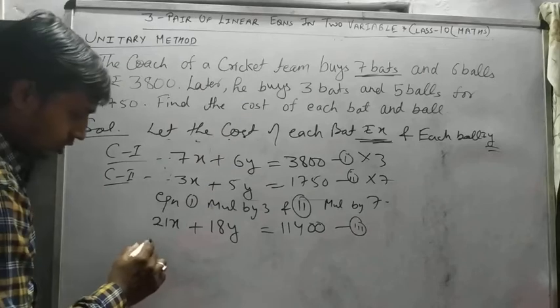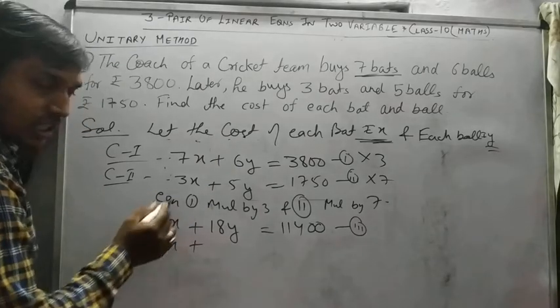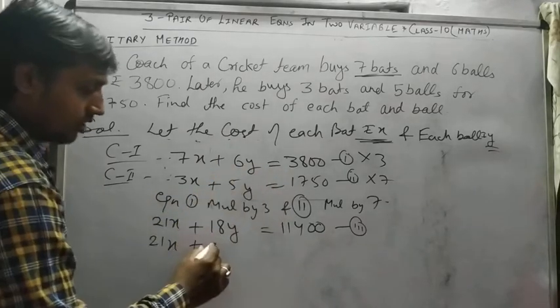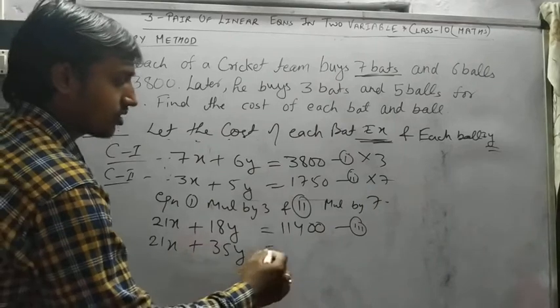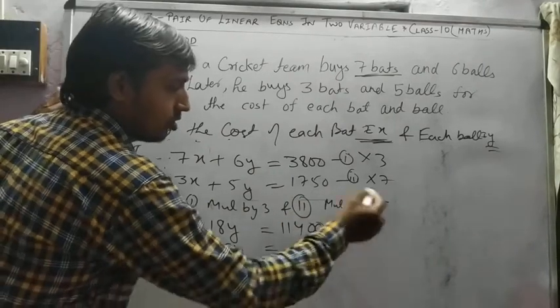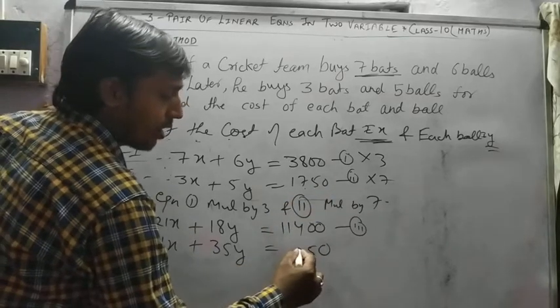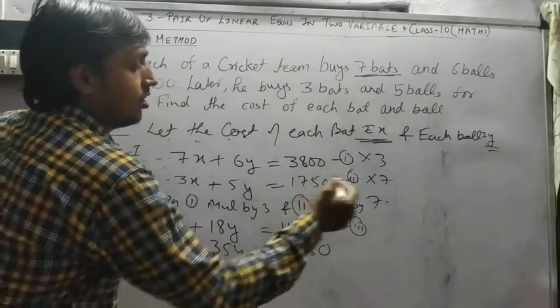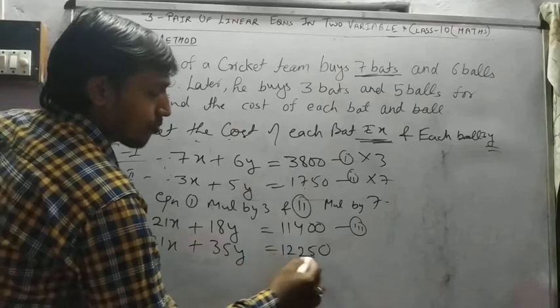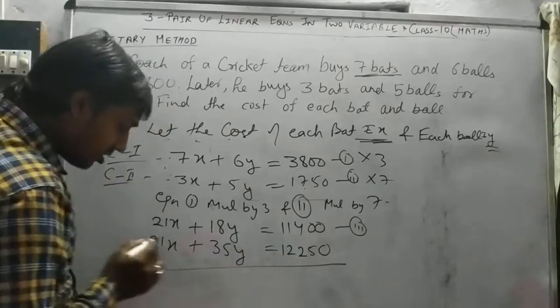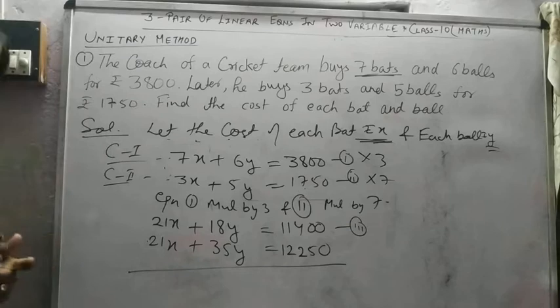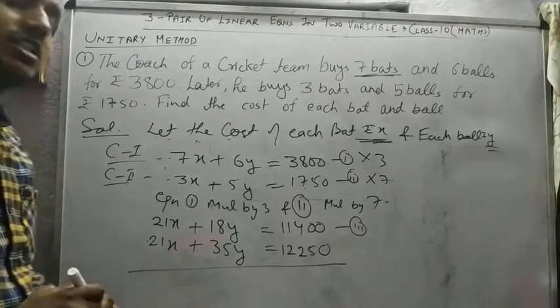The second multiplied by 7 gives 21x plus 35y equals 12250. Now we have equal coefficients and the same sign, and same sign means subtract.